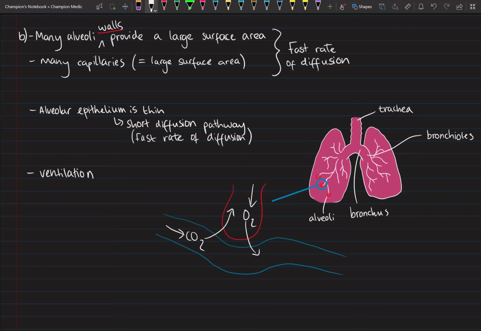This helps maintain a concentration gradient. Make sure you mention the words maintains a concentration gradient. As a result of this, you're also going to get a faster rate of diffusion.